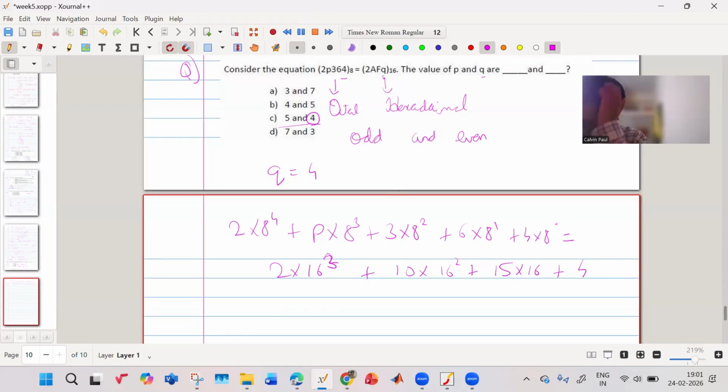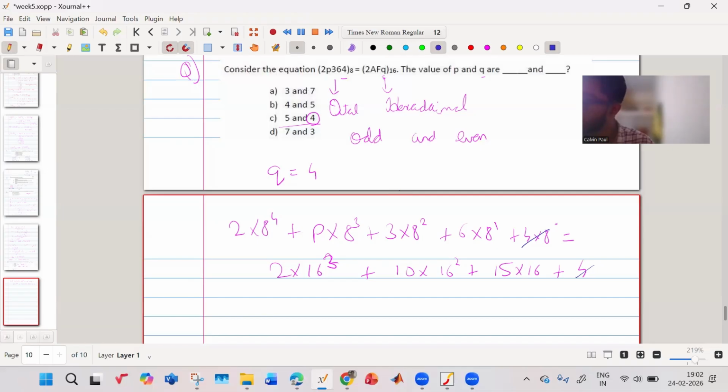I think you'll have to use the calculator only for this. So one thing we can notice, 4 and 4 get cancelled over here. And how do we do it?